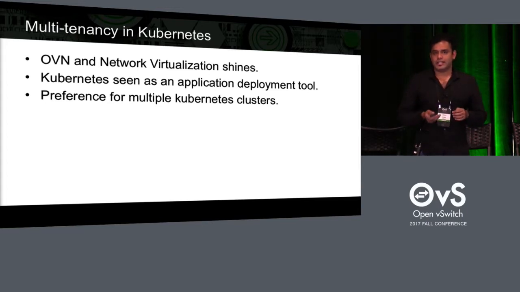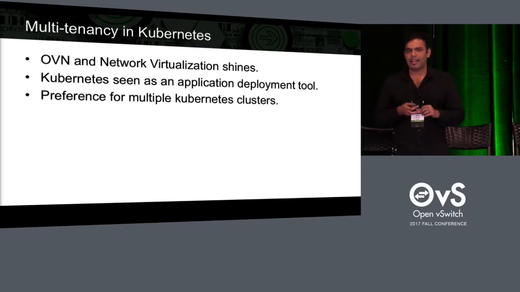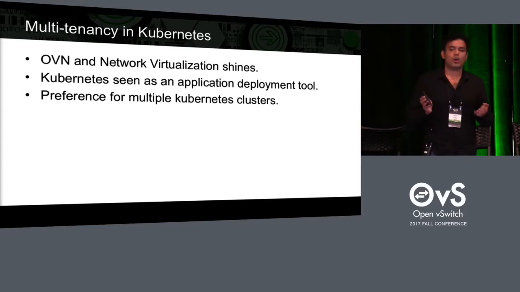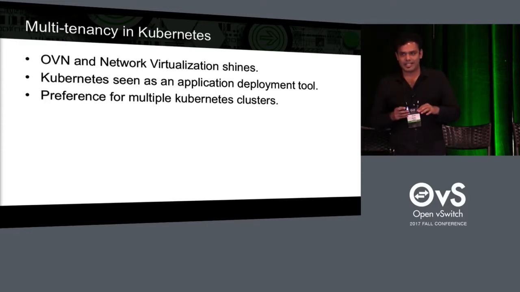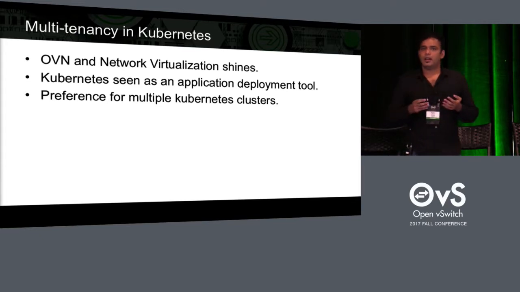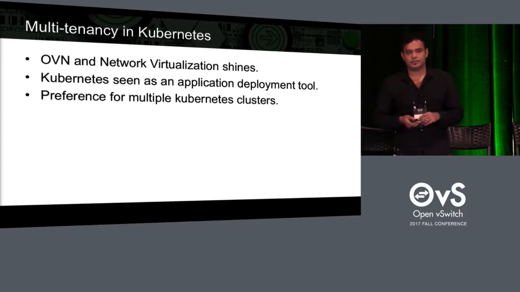But Kubernetes has this sort of single tenancy model, and they want to use firewall rules to prevent people from talking to each other. Now, many people have tried to push this multi-tenant model into Kubernetes, but the maintainers feel that Kubernetes is more of an application orchestration tool rather than an infrastructure orchestration tool. And if you really want hard multi-tenancy, you just create multiple clusters.